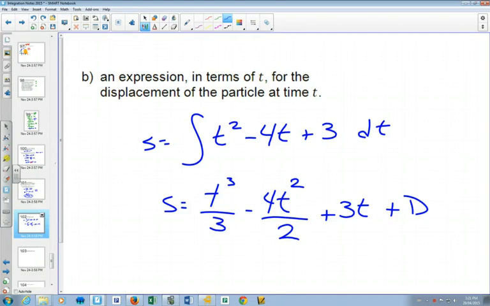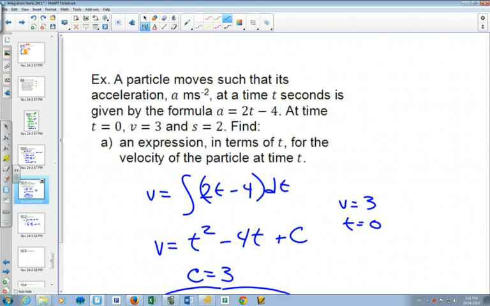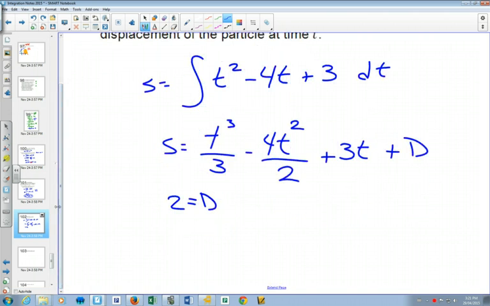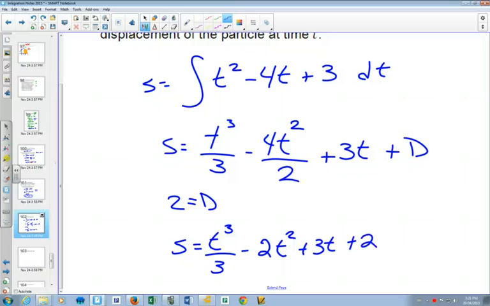Because we know the displacement at time 0 was 2, we can say that d is equal to 2 when we plug in 0 for t and 2 for s. Simplify this right away, plus 2.